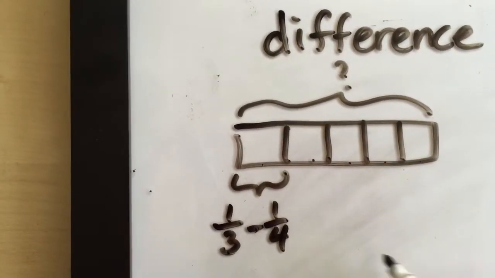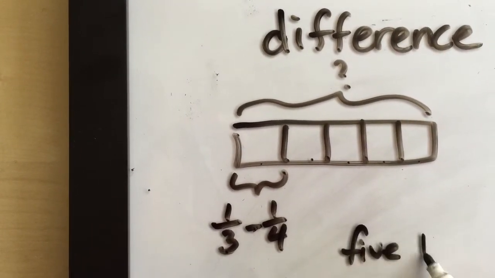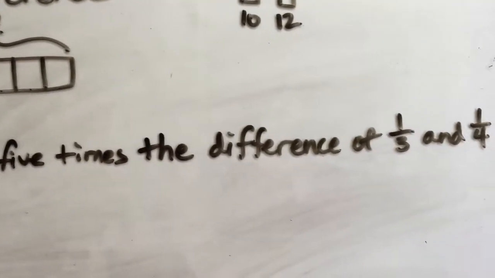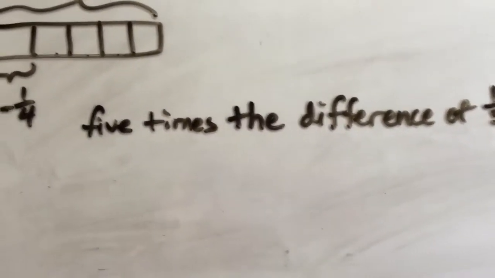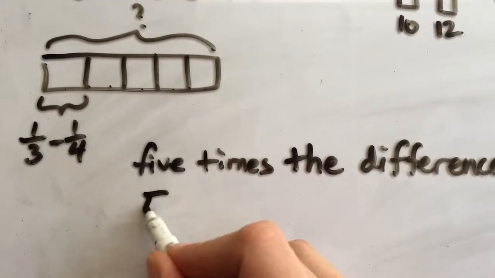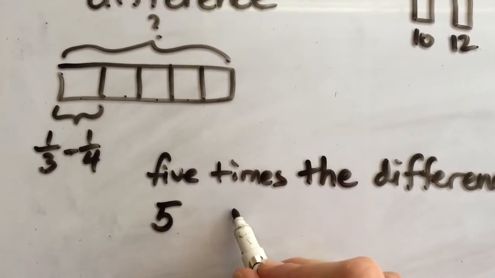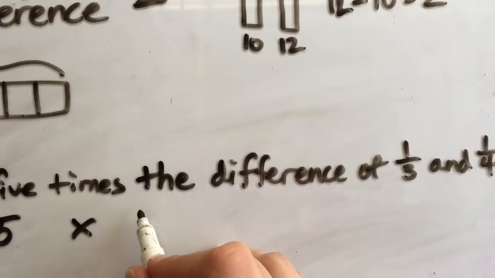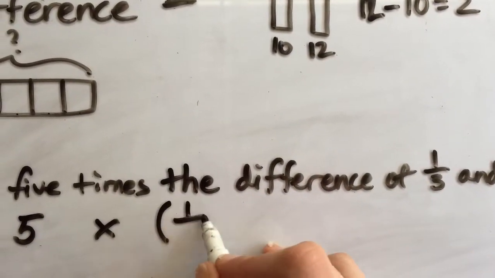It's repeating. 5 times the difference of 1/3 and 1/4. Now let's get this into just numbers. 5, easy, times, easy, the difference of 1/3 and 1/4. And this is where our friends, the parentheses, come in again.